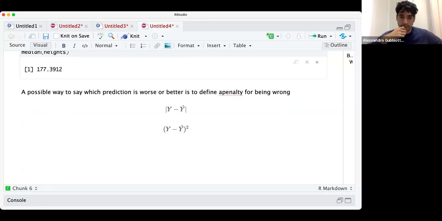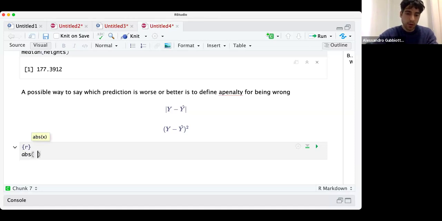Okay, let's try to use the first notion of penalty. So we have to take the absolute value of y minus our guessed y hat.